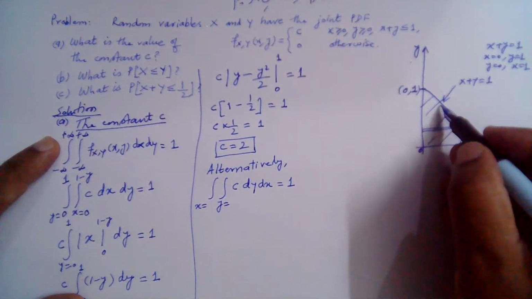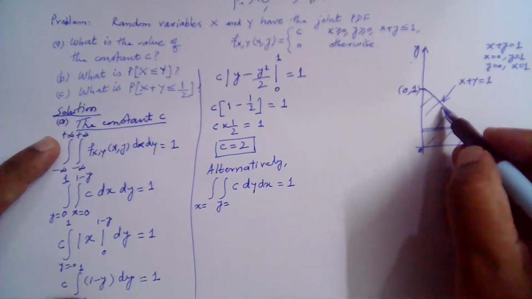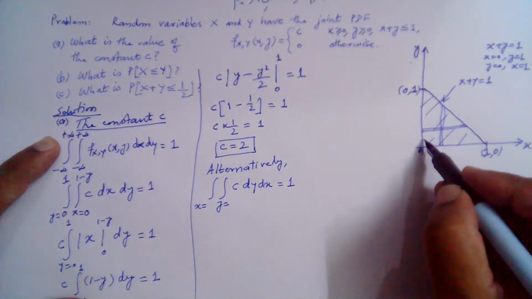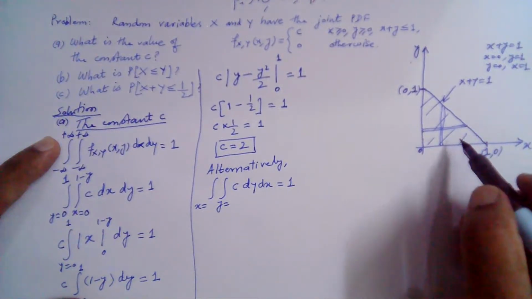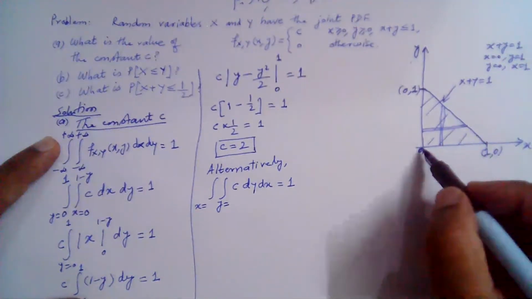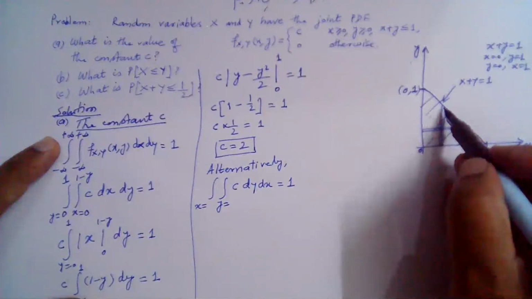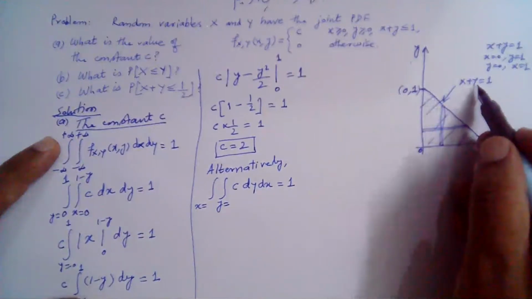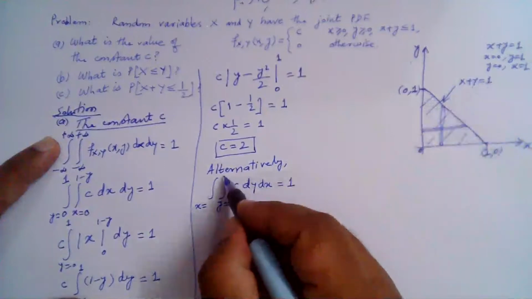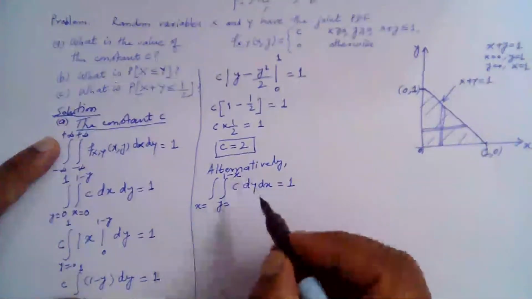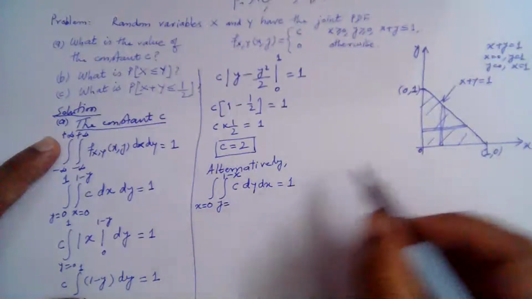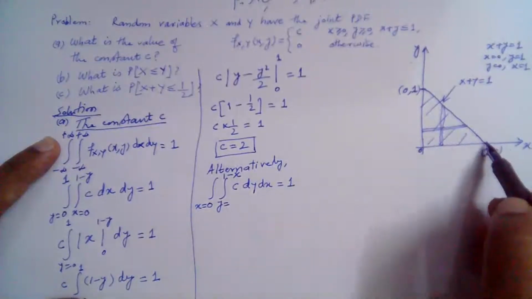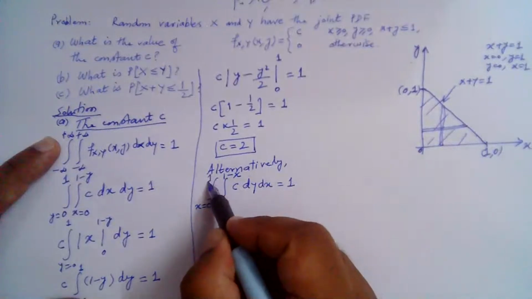So we are now integrating first with respect to y. We are assuming a strip, for example, which will move from here to here. So y is 0 here, and then up here it is bounded by this line, y is equal to 1 minus x. So 1 minus x here, and x is 0. We move this strip from 0 to 1 here. So this is 1.